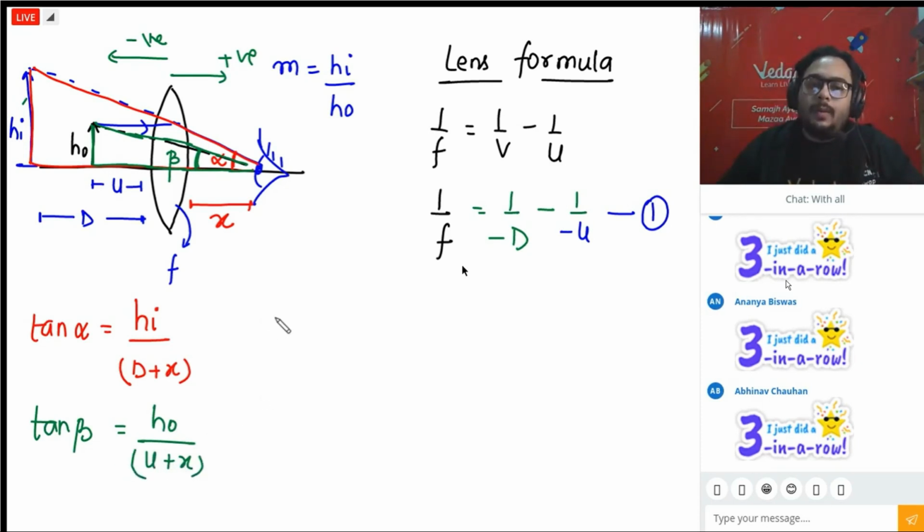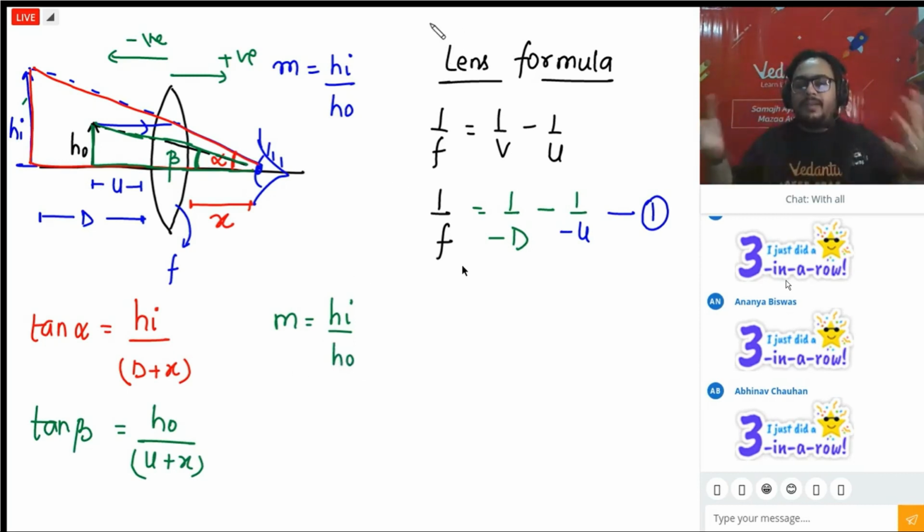Now what is magnification? It is height of image by height of object. This is the formula that we know. Obviously, only then will you understand how much magnified it is. Take the ratio.